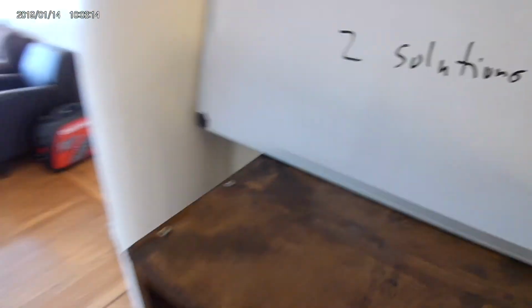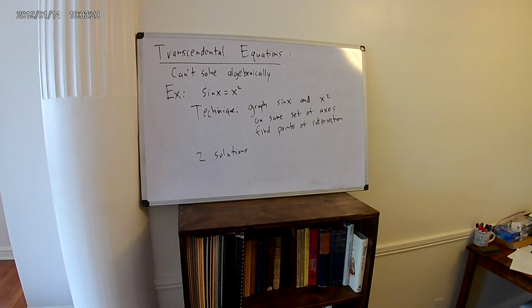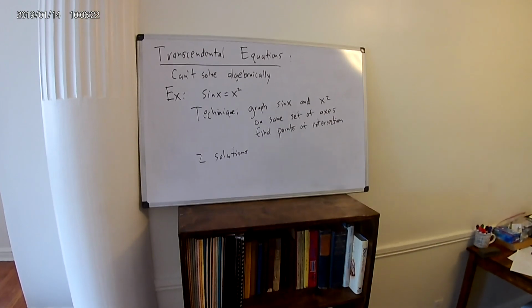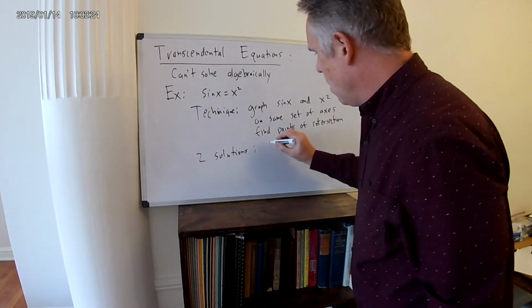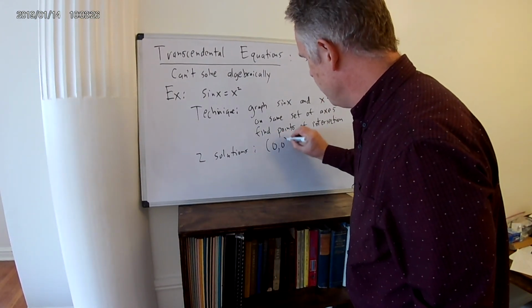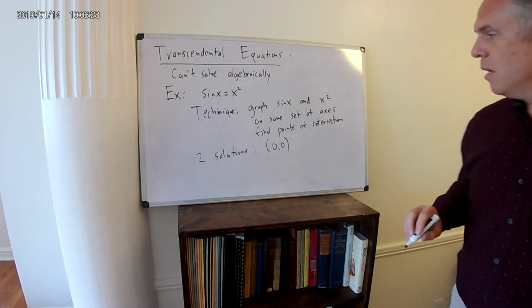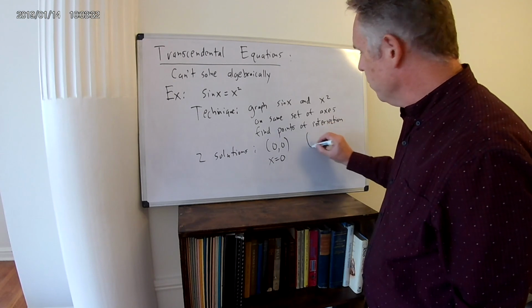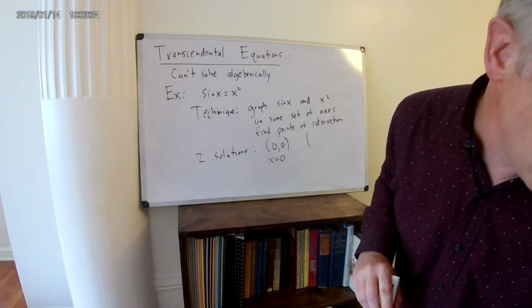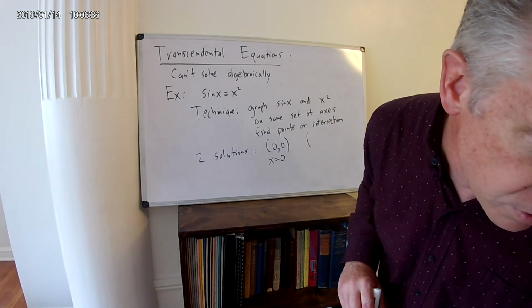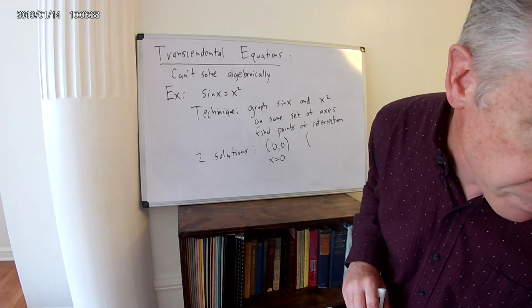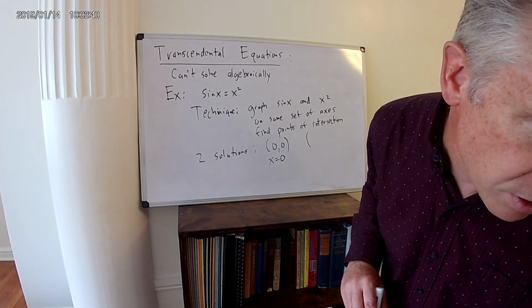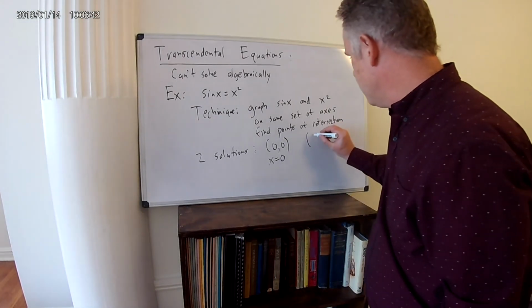Let me put my camera back in its original place. The two solutions to this equation are, one solution is the point 0, 0, where these intersect. In other words, this solution is x equals 0. The other point of intersection, you can't see it here, but looking on here, it looks like it's approximately 0.87 for x.